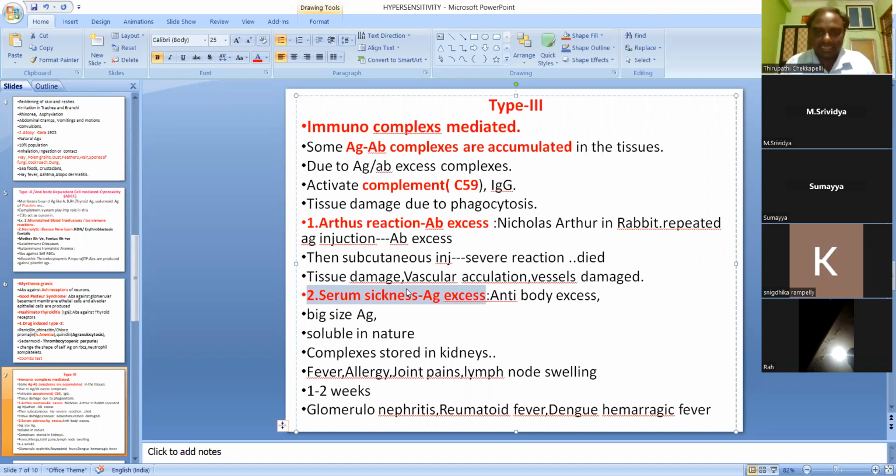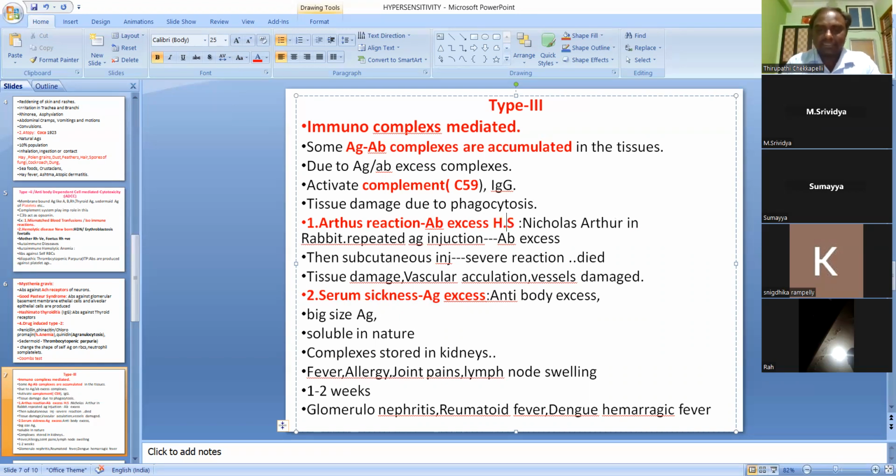Serum sickness is an example of type 3 hypersensitivity. I added some points for your understanding, but you must remember these headings. Arthus reaction is also known as antibody excess kind of hypersensitivity.